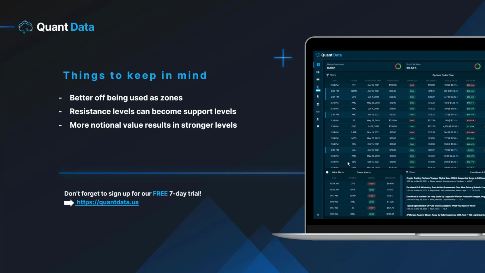So the more notional value you have at a particular level, the stronger that level becomes. And depending on what time frame you're trading or analyzing, the further you go out, the larger that notional value is going to become for particular levels. And obviously, those levels with larger notional value traded at them are stronger levels.